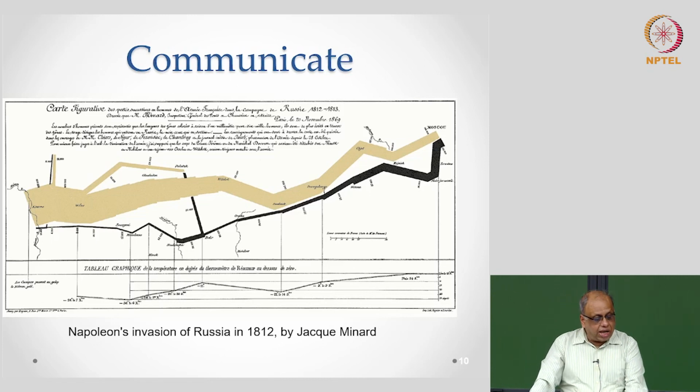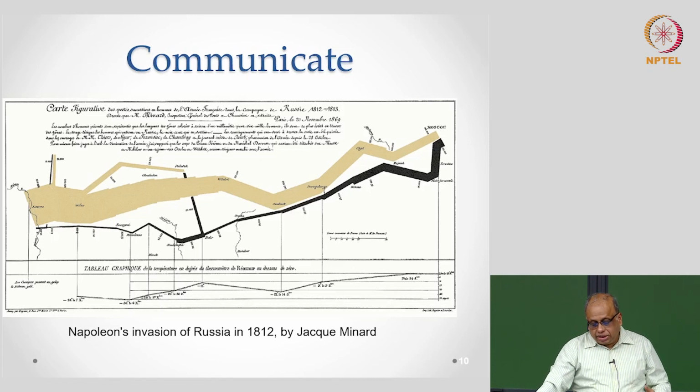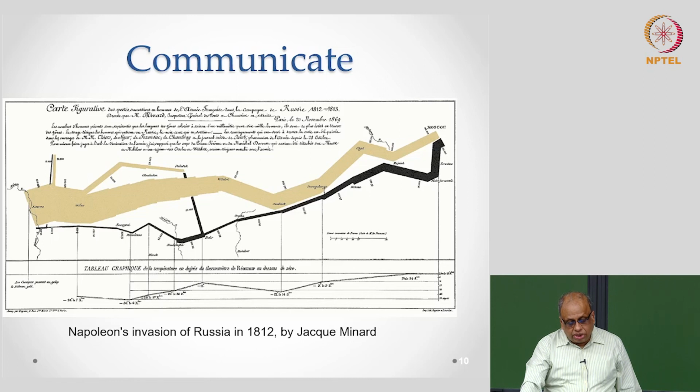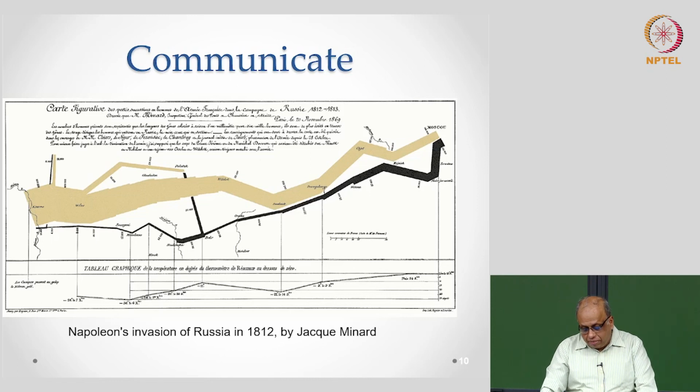So this has been recognized as one of the best visualizations that was created, and still it shows some of the great features of a good visualization. This was created by someone called Jacques Minard in 1812, and it shows how Napoleon invaded Russia. At the top, it shows the number of people in the French army.